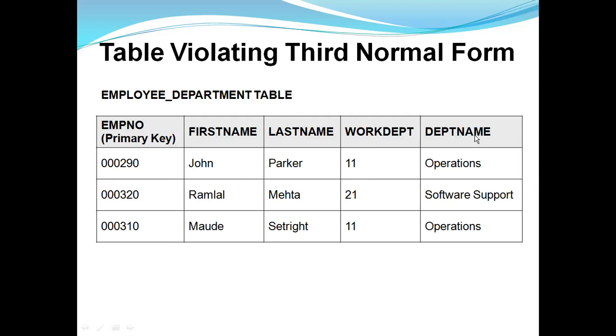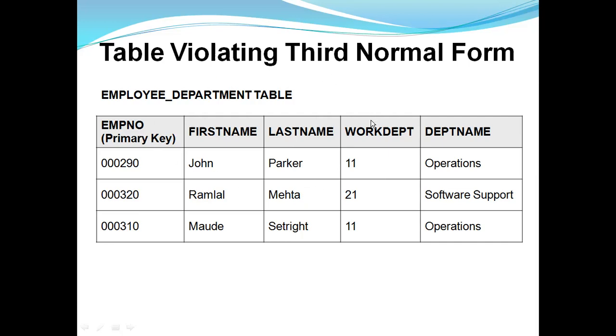But if you look at department name, this is a name of this department number, and this department number is a department number of this employee number. That means this depends on this depends on this. So can we call this a transitive dependency?